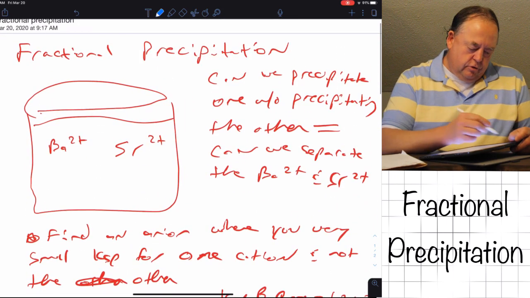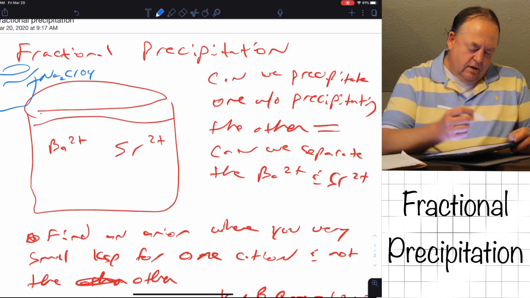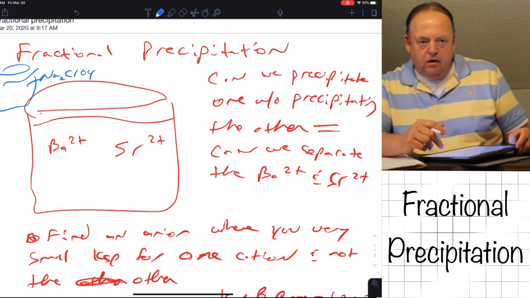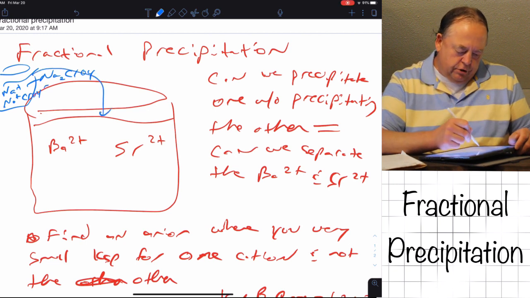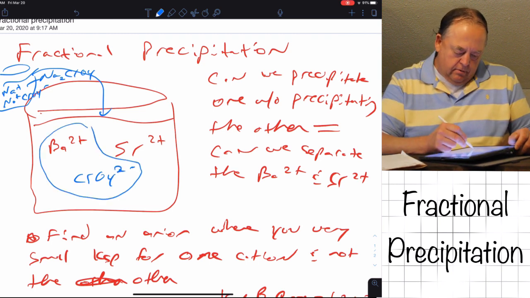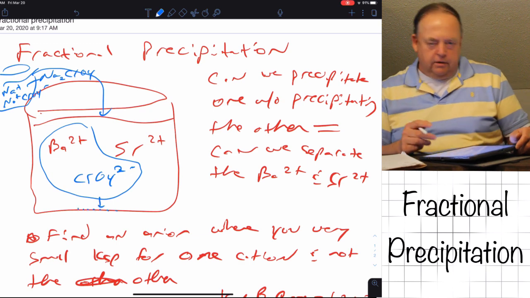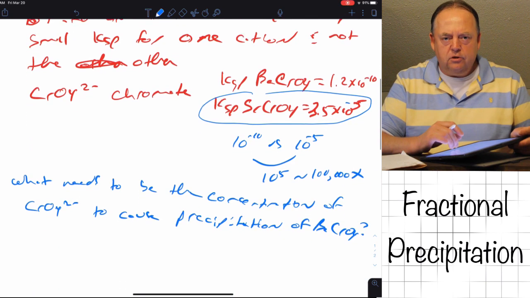So basically what you would do is take another solution, maybe something like sodium chromate, because sodium cations are generally very water soluble. So you've got sodiums and CrO4 2- floating around, and you add this solution to that. Once you have chromate in solution, then the barium will precipitate to make solid barium chromate, and the strontium would stay in solution because it's 100,000 times more soluble.